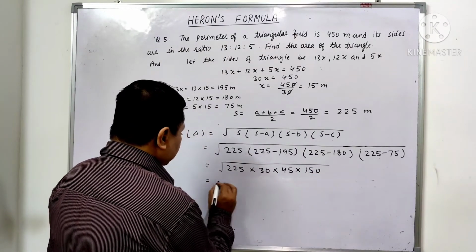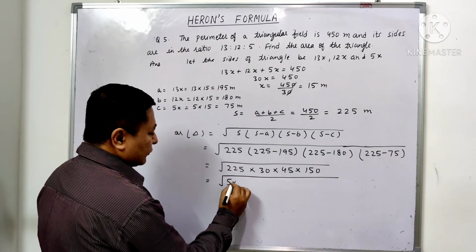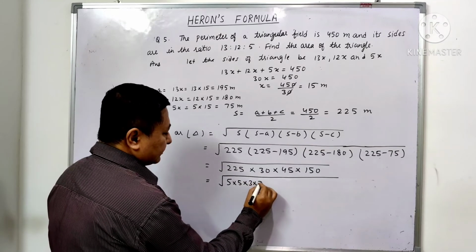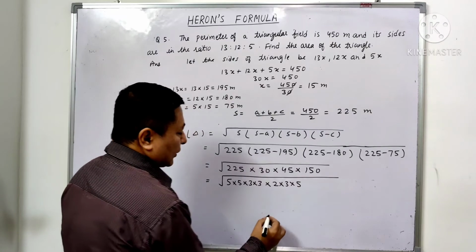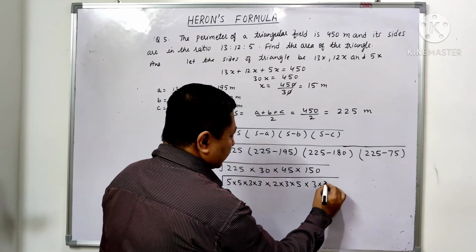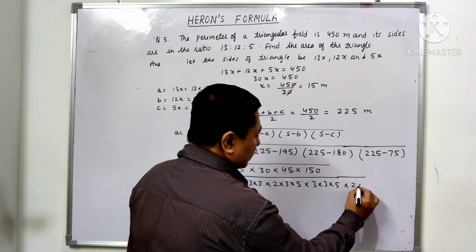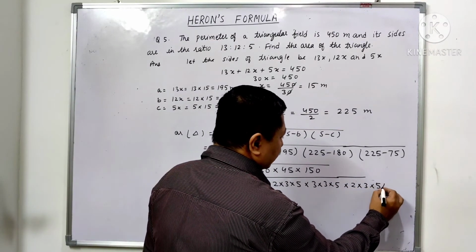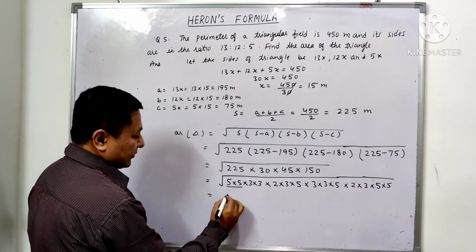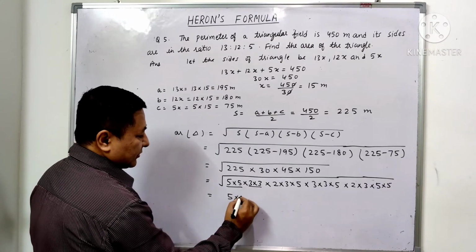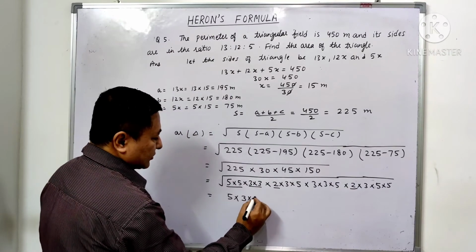Now let us solve this by making the factors of it. 225 can be written as 5 into 5 into 3 into 3. 30 will be written as 2 into 3 into 5. 45 will be written as 3 into 3 into 5. And 150 will be written as 2 into 3 into 5 into 5. Now we'll make the pairs. This 5 will make a pair and come outside. This 3 will make a pair and come outside. This 2 and this 2 will make a pair and come outside.